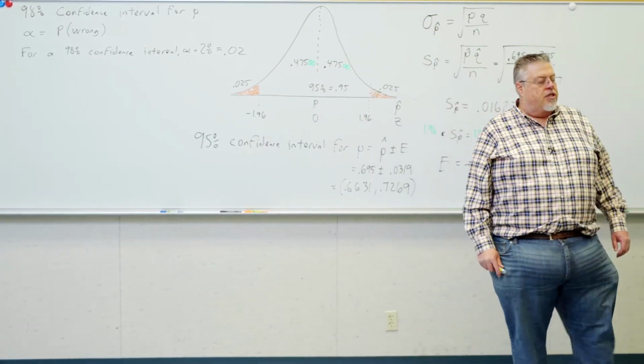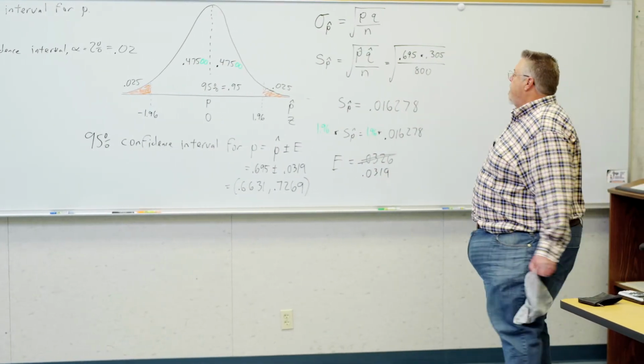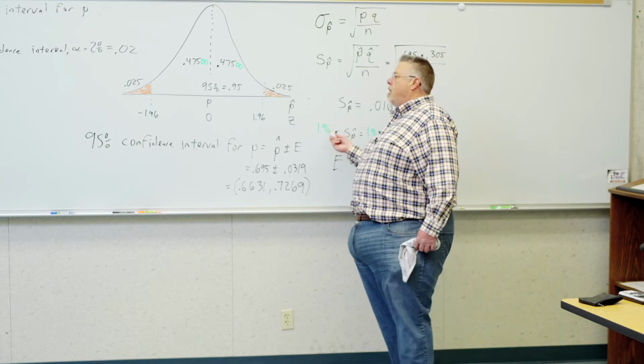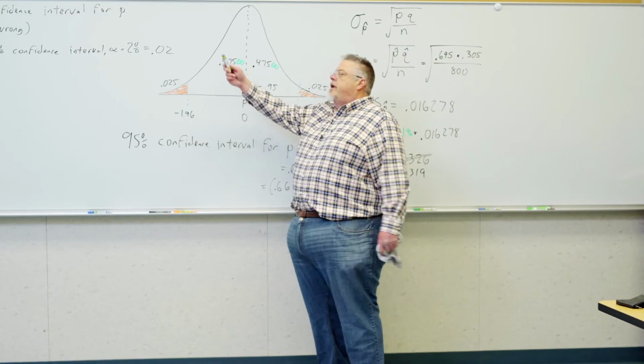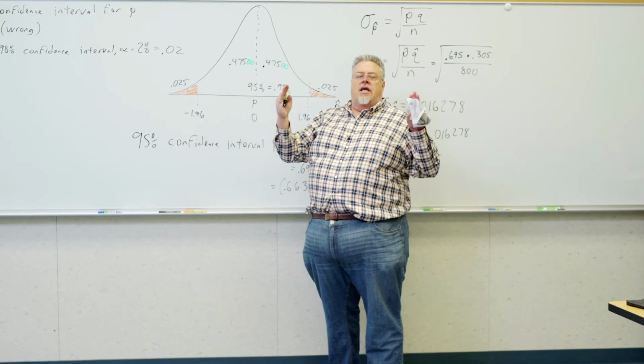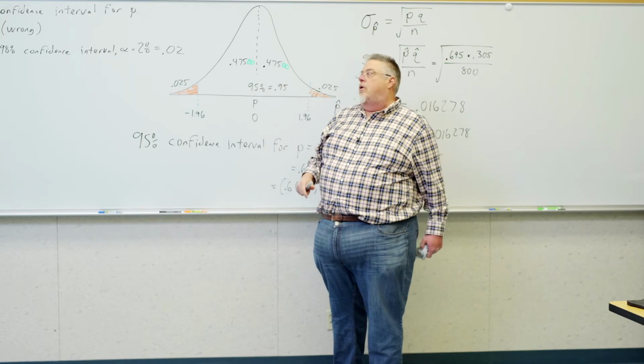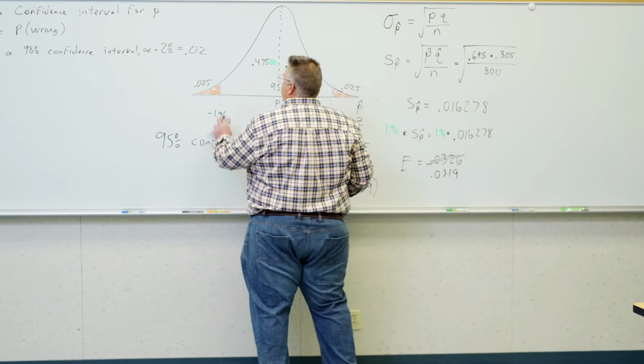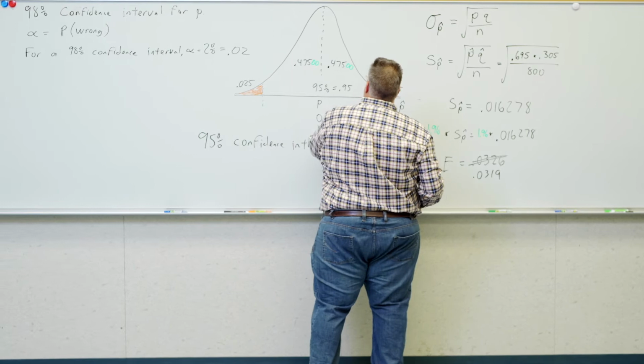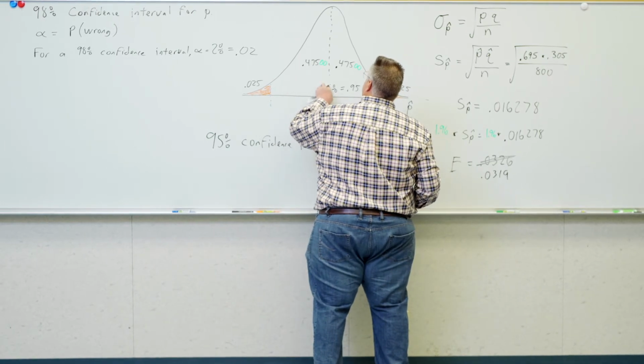I'm going to use a different z-score instead of 2 or 1.96. In order to gain confidence, I'm going to use a bigger z-score. And what I'm trying to do now is find that z-score.